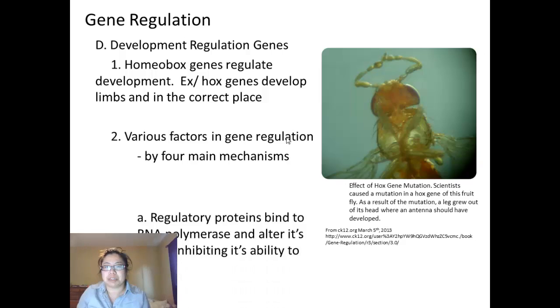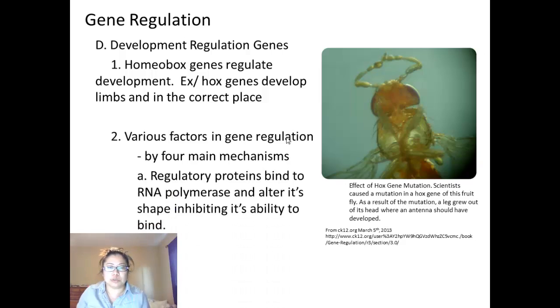There are four main mechanisms. Regulatory proteins that bind onto the RNA polymerase. The protein itself can alter the shape of the RNA polymerase, so it will inhibit its ability to actually bind onto the DNA. So that could be one, and that could be an on and off switch.